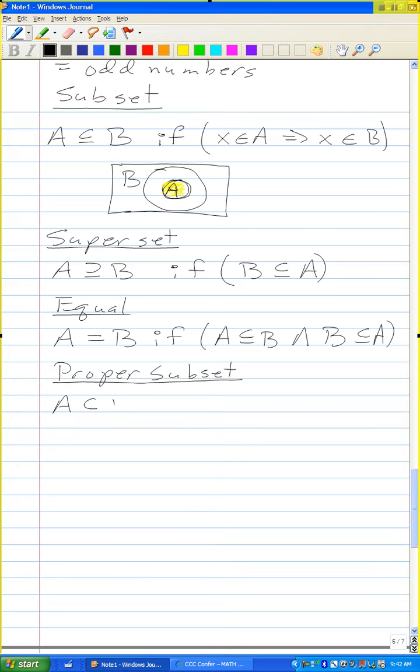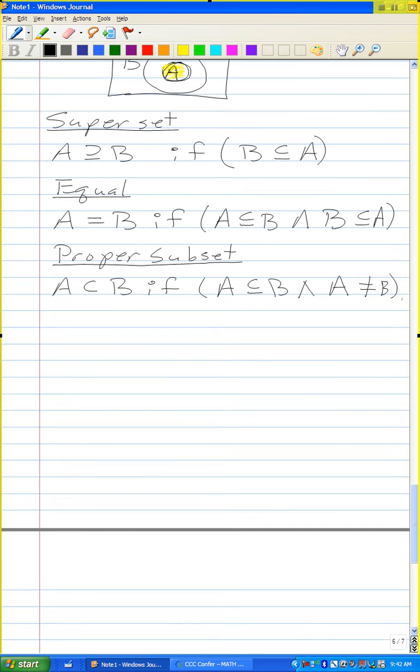A is a proper subset of B if A is a subset of B and A is not the same as B. Proper superset. A is a proper superset of B if B is a proper subset of A.